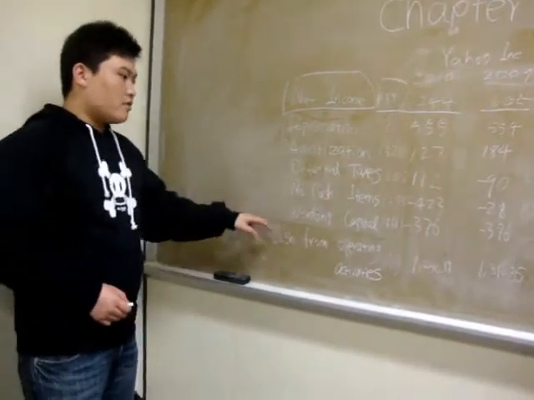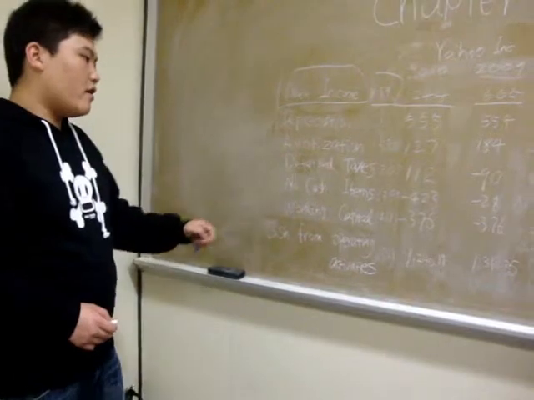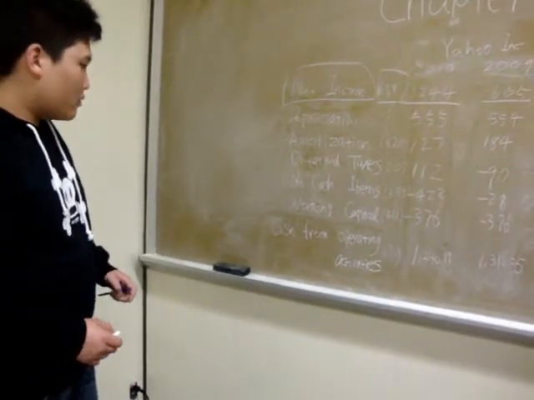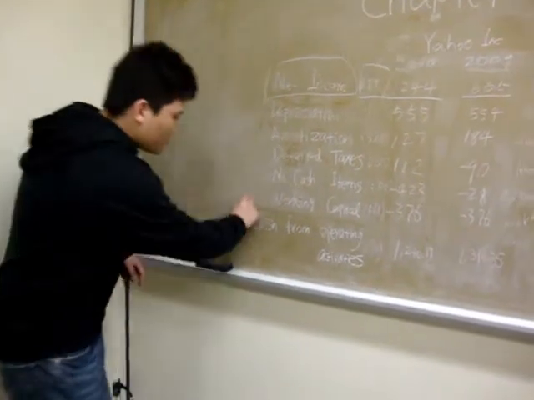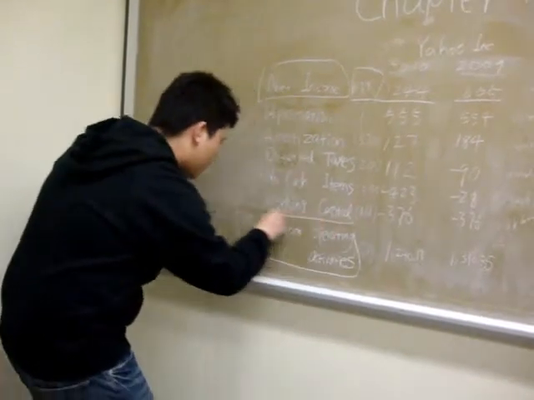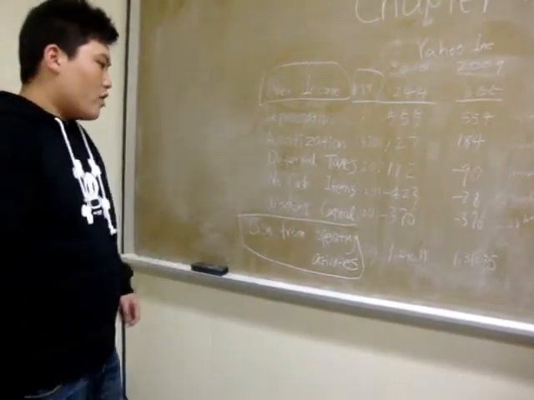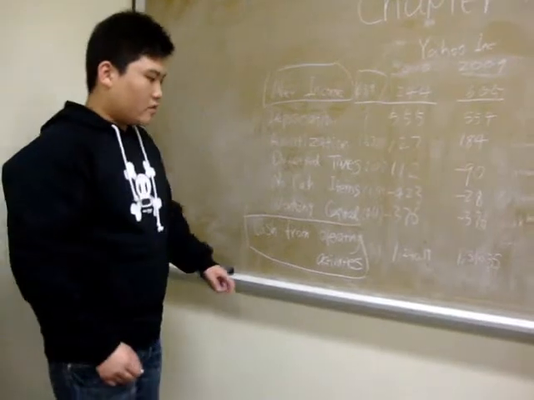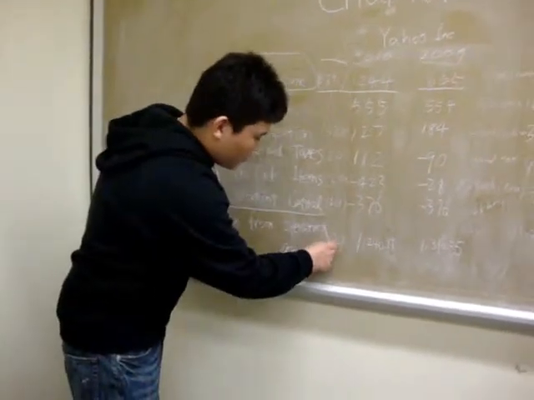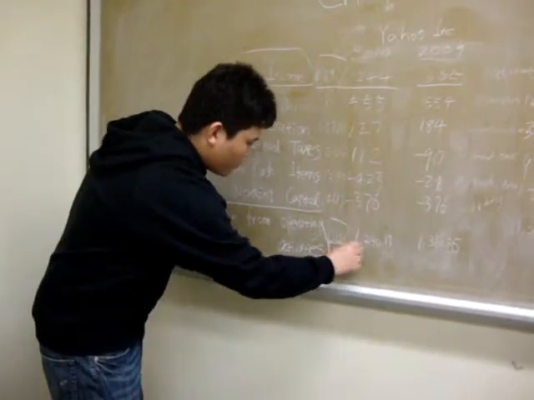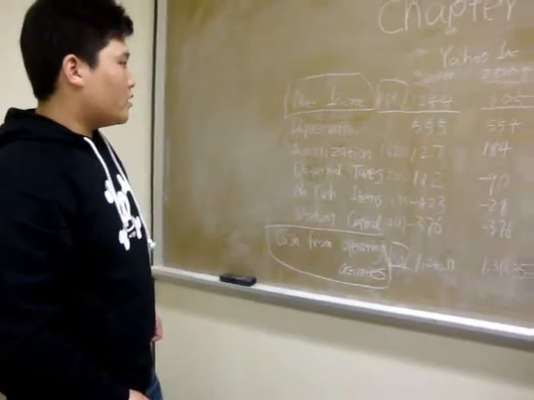And the working capital is decreased by $461 million, and the cash from operating activities is decreased by $70 million in Yahoo this year.